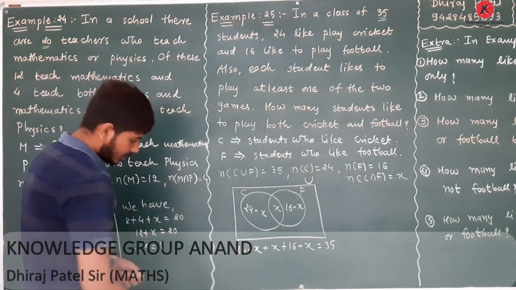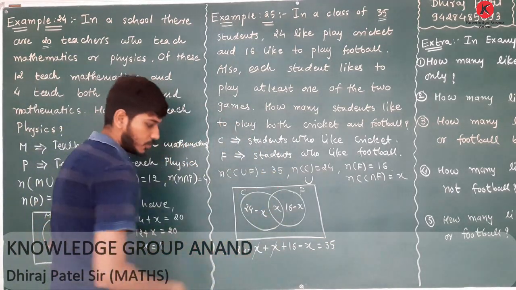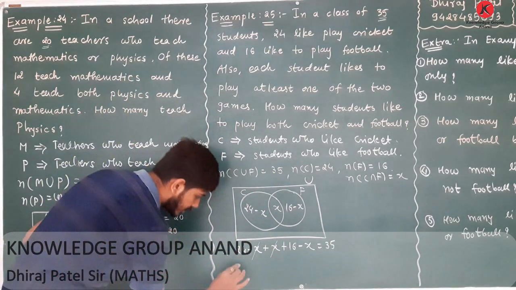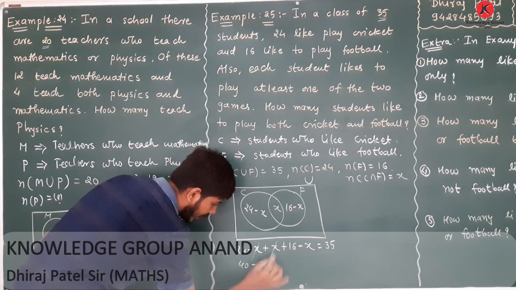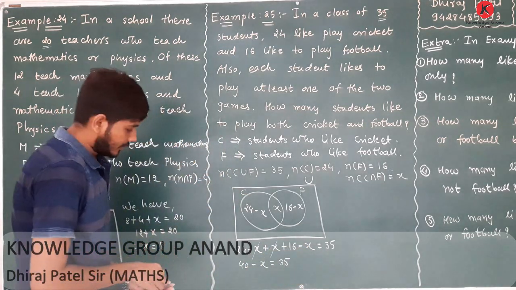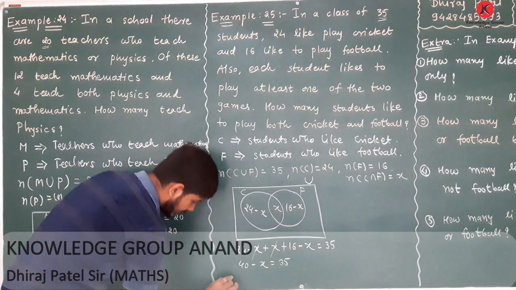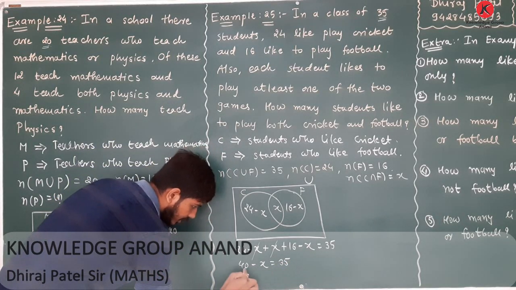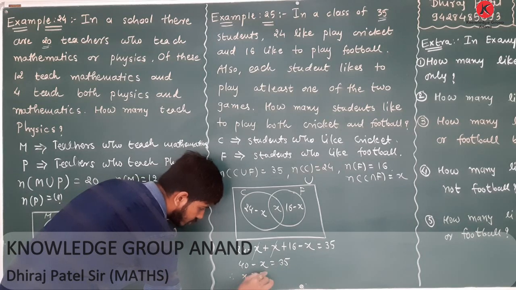Now solve it out. Minus X plus X will get cancelled out. 24 plus 16 equals 40, minus X equals 35. Now, making X the subject, X equals 40 minus 35, which equals 5.